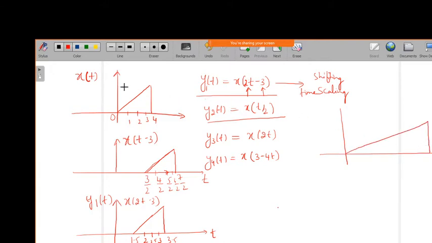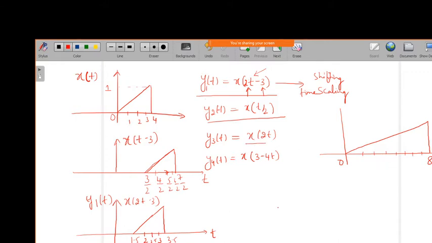The amplitude value will remain the same, whatever is given, 1 or a, because we are not doing any amplitude scaling here. Only the independent variable is involved in the operations. So it will start from 0 and end at 8, and in between there are values.